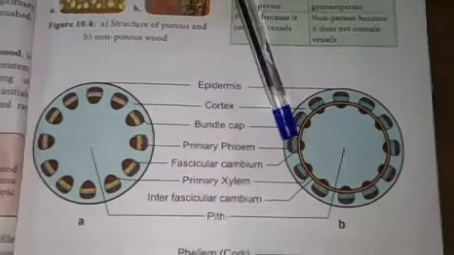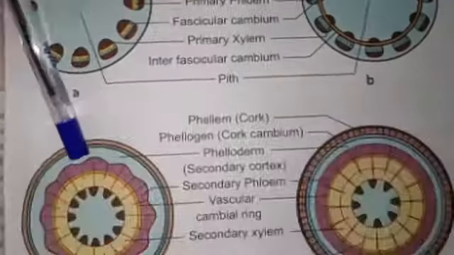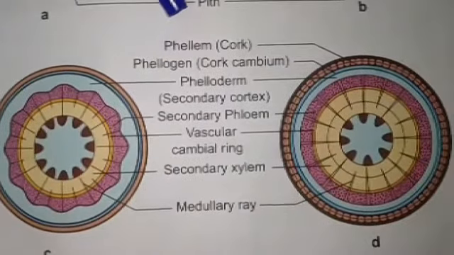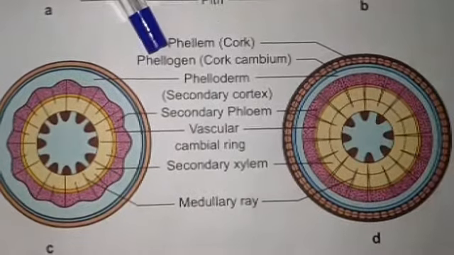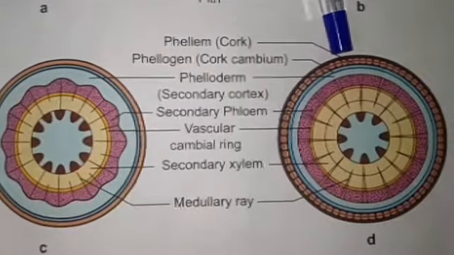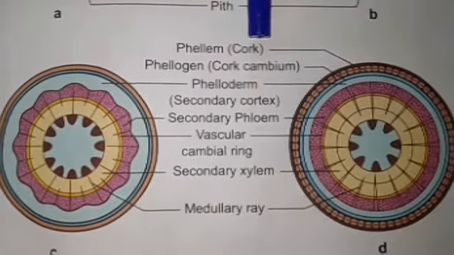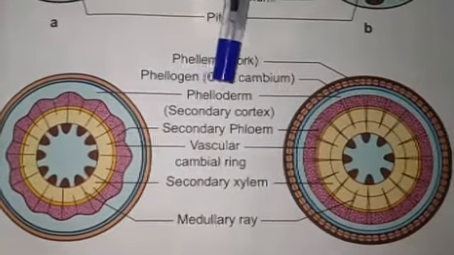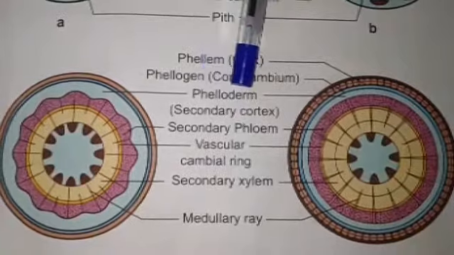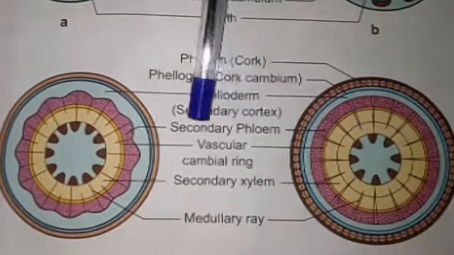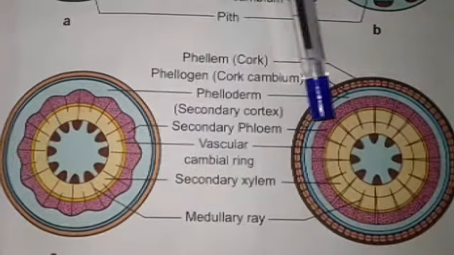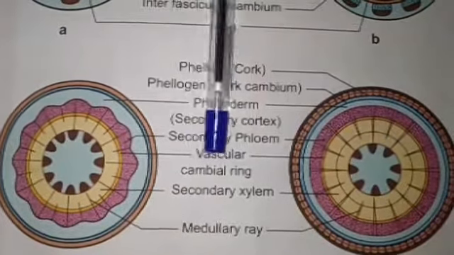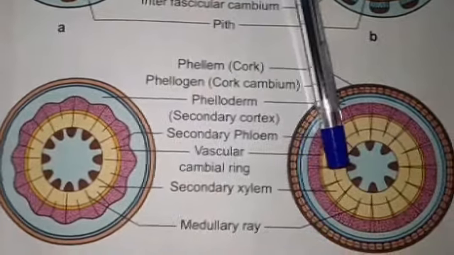Next, the cork, phellogen, and inner to the phellogen is the cork cambium, phelloderm, secondary phloem or secondary cortex, and the vascular cambial ring. In the center, the vascular cambial ring is present, and the secondary xylem.